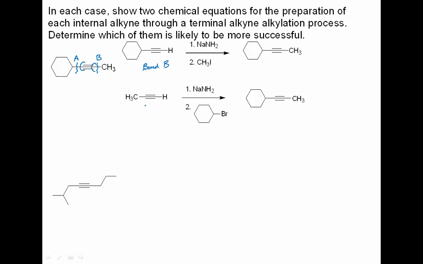If I want to make bond C, I'm going to have to start with the methyl acetylene, or propyne, and deprotonate, and then treat it with a cyclohexyl halide. The one at the top is going to be better. Elimination is going to win out over substitution in the bottom case. This is not going to produce this.